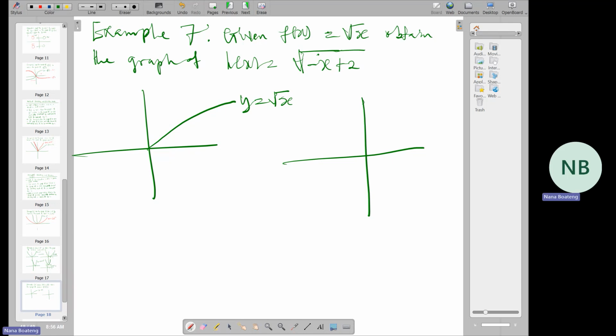So if this is 0, so this should be the graph of y is equal to the square root of x plus 2.